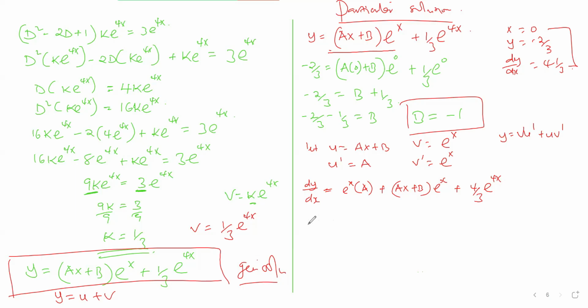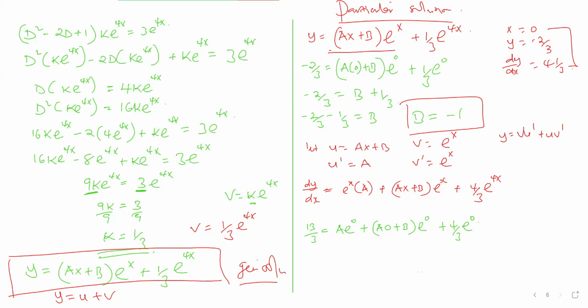So you have 13 over 3 equals a exponent 0, just interchange, but x is 0, so a times 0 plus b, again e to the 0, plus 4 over 3 exponent 0.